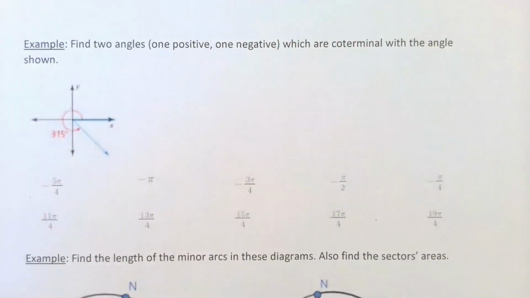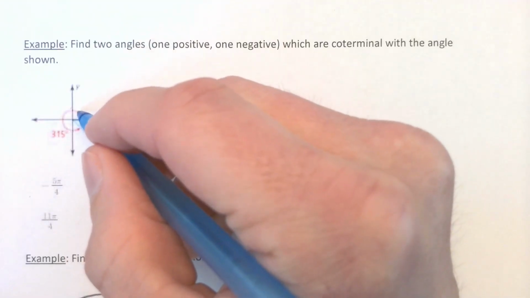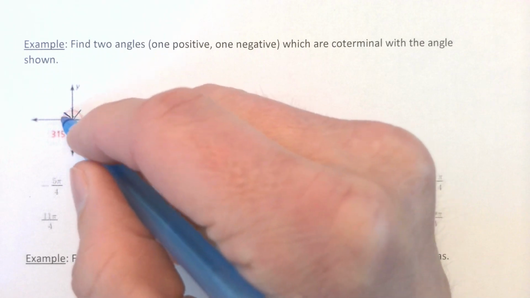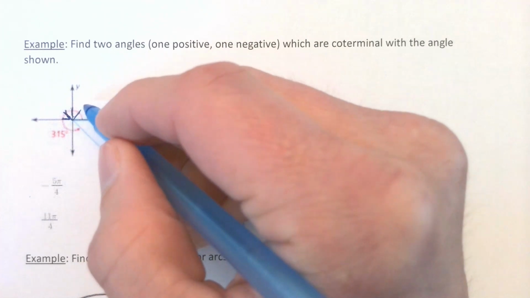45 more. So anytime things come down to 45 degrees, what I like to do on the unit circle is start cutting things up like this, where each one of these angles is pi over 4.